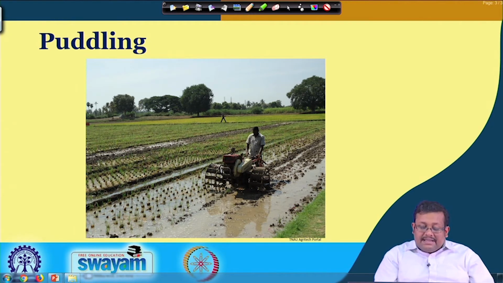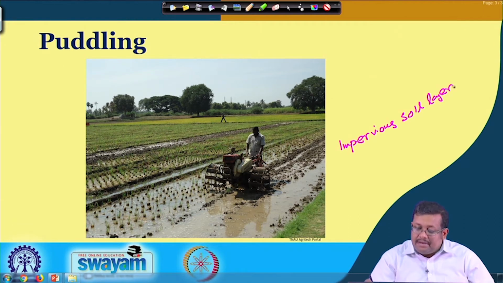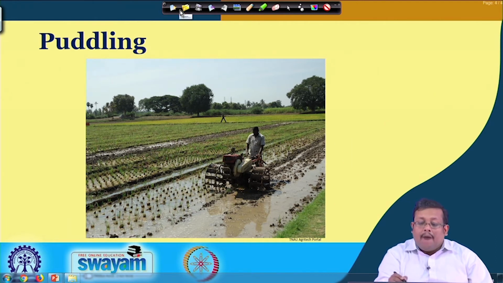And one of the major reasons for doing the puddling is to make an impervious soil layer, and due to the impervious soil layer, the water movement or water infiltration into the soil is nullified. So, as a result, the water gets accumulated at the top of the soil, which is required for the growth of the rice crop. So, this is called puddling, and this is an example of secondary tillage operation.